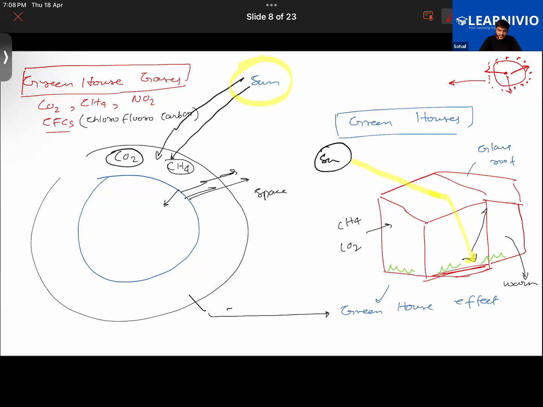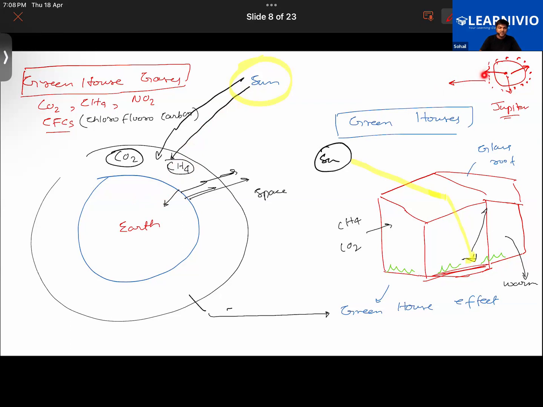See, basically in this case, is the source of heat this planet or the sun? Do tell me this thing. The source of heat is Earth or sun? Sun, obviously. Heat is coming from the sun in the form of light energy, sunlight rays. While in the case of a planet like Jupiter, the heat is coming from within the planet, not from the sun.